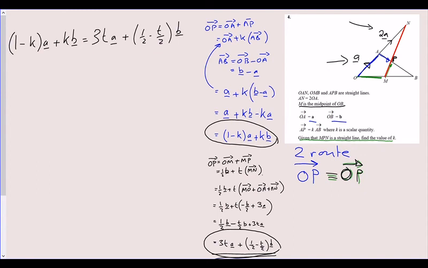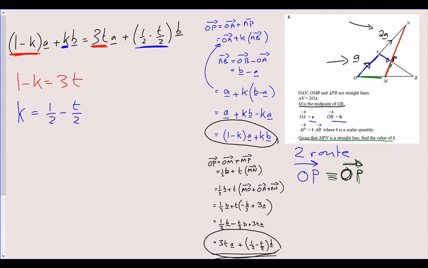So I can now equate the coefficients. For a, 1 minus k is equal to 3t. And for the vector b, I've got a coefficient of k, equivalent to a half minus t over 2.